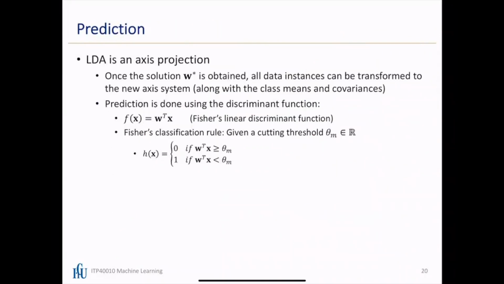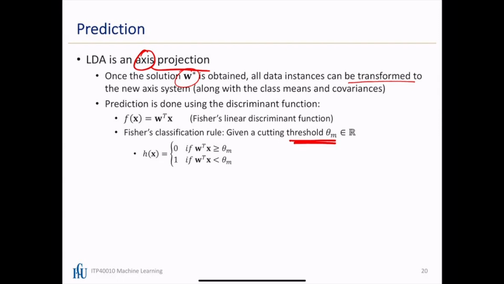And the side note is described on this prediction slide. LDA eventually tries to find an axis projection, so it puts every data point on a single projection plane or projection line. Once W star, the optimal W, is obtained, you want to transform all the data to this axis. From there, you can easily determine the class of the data. In order to do that, you need to set a threshold: above this point, everything is blue; below this point, everything is red, something like that.